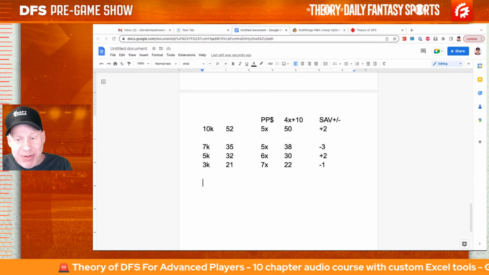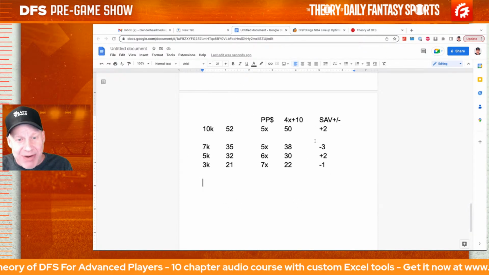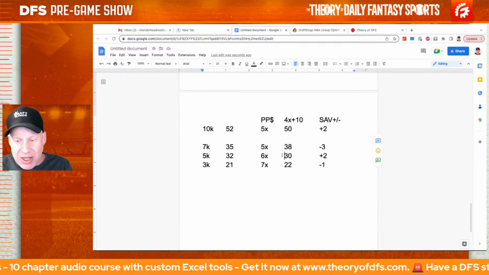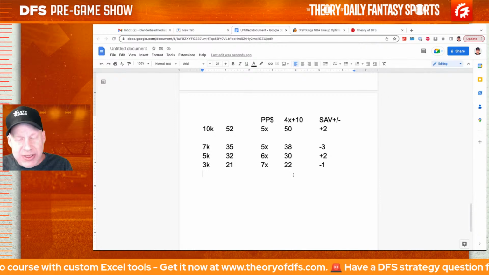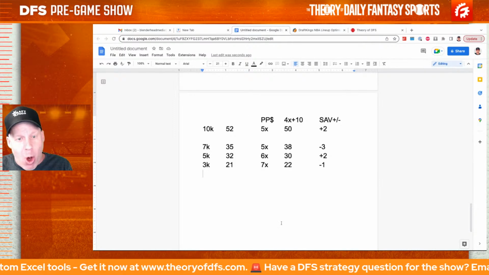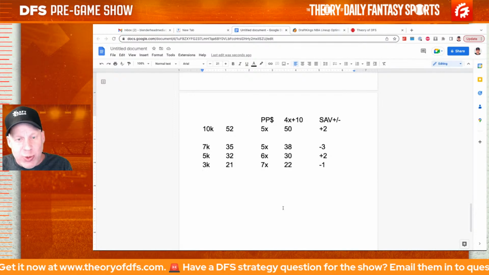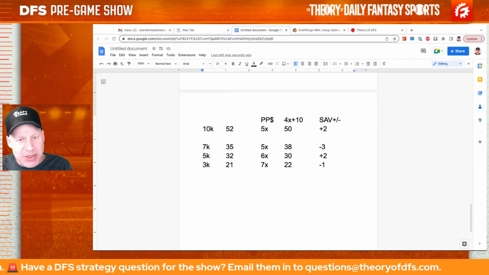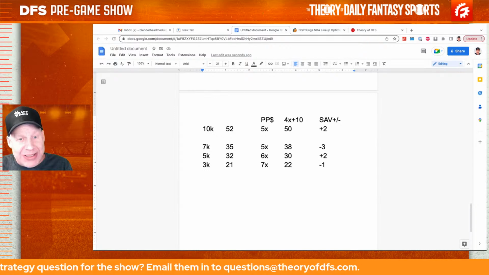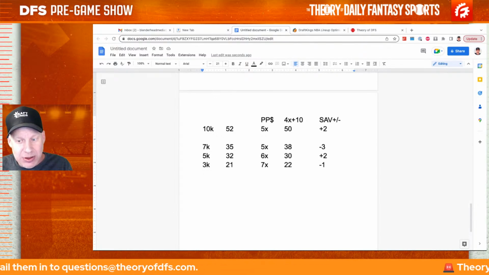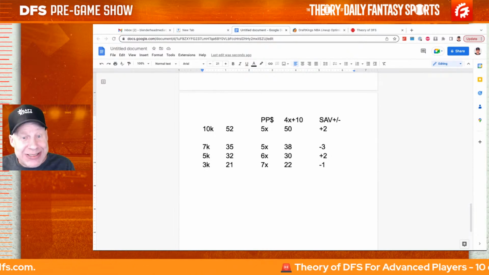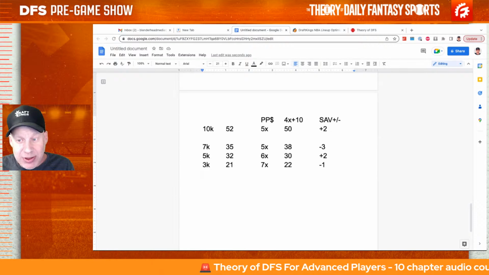So we can make everything fair, everything even, everything adjusted for salary. We need to create this baseline. So now we can judge all players equally to each other and to what they provide to our lineups over other players of that salary or of other salaries. We need to adjust for salary, hence the term salary adjusted value.